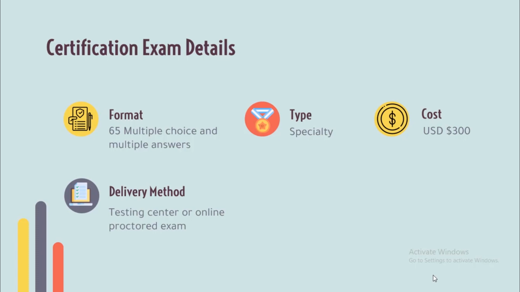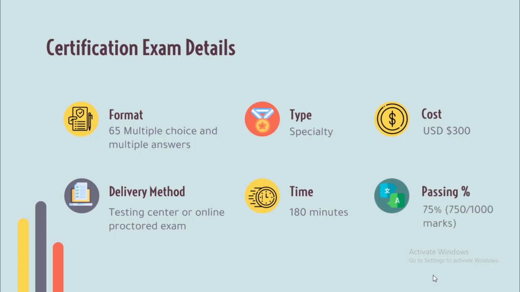Then coming to delivery method, it can be in the testing center or it can be an online proctored exam. Then the time allotted for the completion of the questions is 180 minutes, and the passing percentage is 75%. So the exam is of 1000 marks and you have to score 750 out of 1000 in order to clear the certification exam. Now this was about the certification exam details.